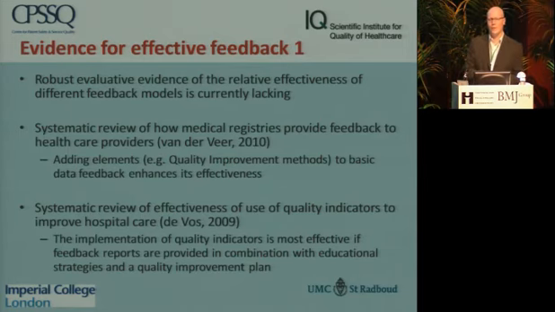And indeed it's very difficult to actually evaluate feedback systems, essentially information systems, as quality improvement interventions, due to their heterogeneity, due to the fact that they vary between local contexts of use, and due to the fact that they're normally introduced as a component of a broader, more complex intervention.